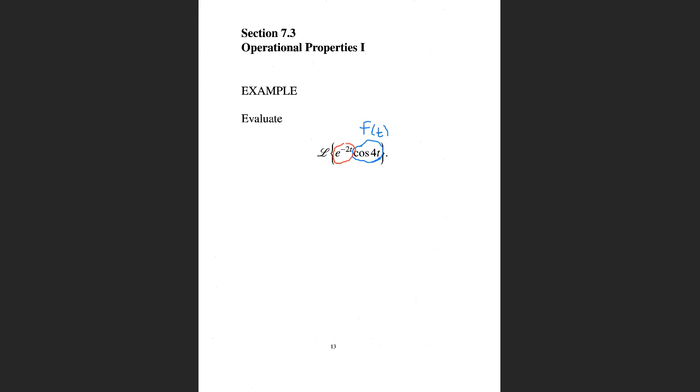So that's the Laplace transform of e to the at, where a equals negative 2, times this f of t function. Let me show you how we do this.